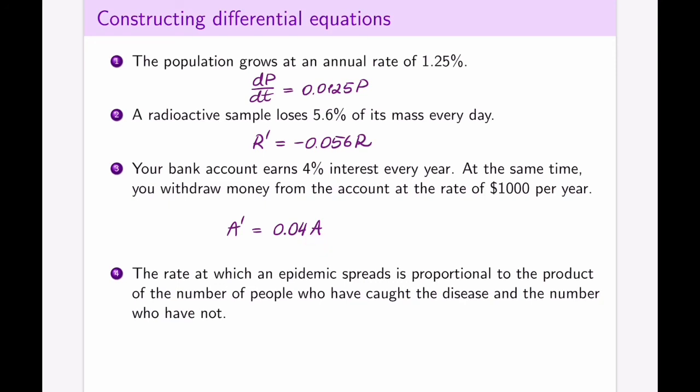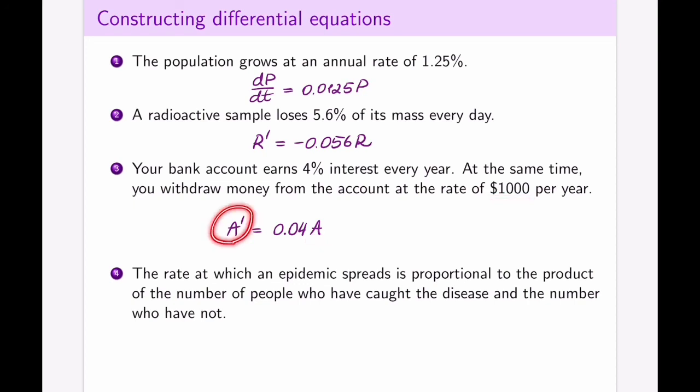At the same time, you withdraw money from the account at the rate of $1,000 per year. Notice that this 1,000 is not proportional to whatever you have in the bank account already, right? So whether you have 2,000 there or 2 million there, you're going to withdraw $1,000. 4% relates particularly to the amount you already have in the account. $1,000 is simply a constant withdrawal.